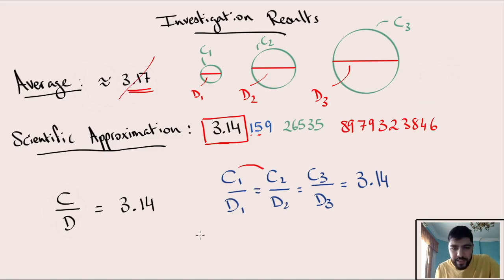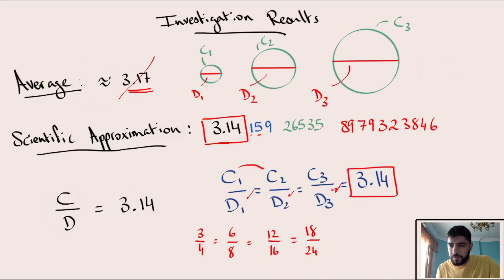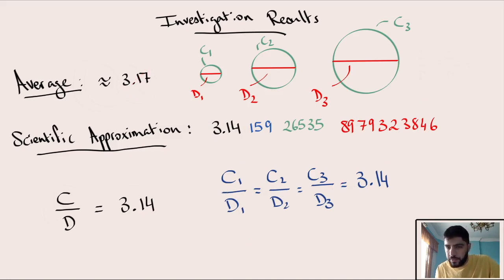It's the same as saying that 3 over 4 is equal to 6 over 8, which is equal to 12 over 16, which is equal to 18 over 24, right? All of those fractions are equal in the same way that all of these fractions over here are equal, and they're all equal to 3.14. Okay, let's move on.